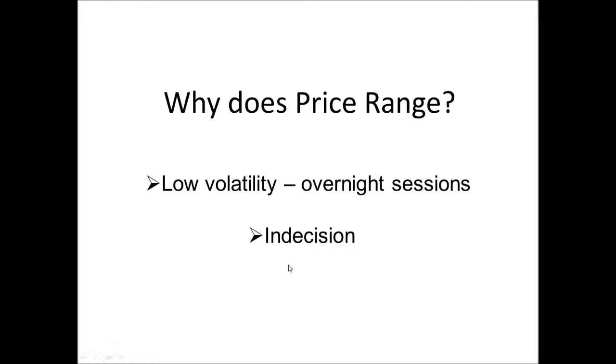And another reason could be indecision in a particular market. There is not stronger buying power or selling power in the market which drives price in one particular direction, but instead there's indecision.